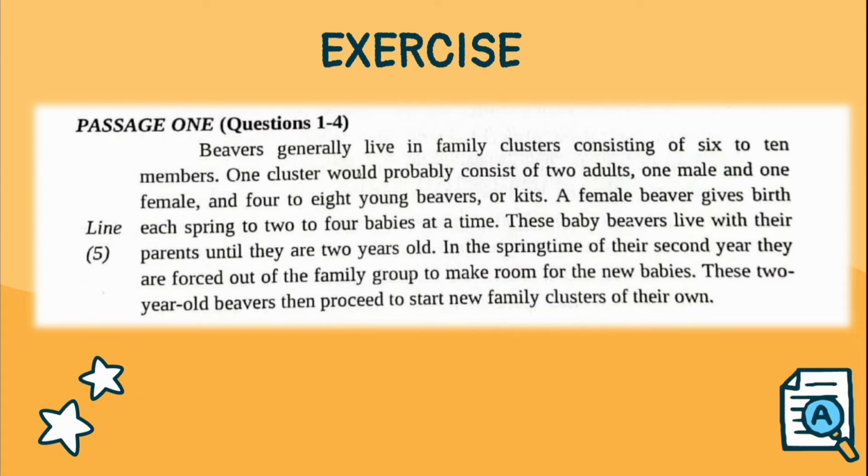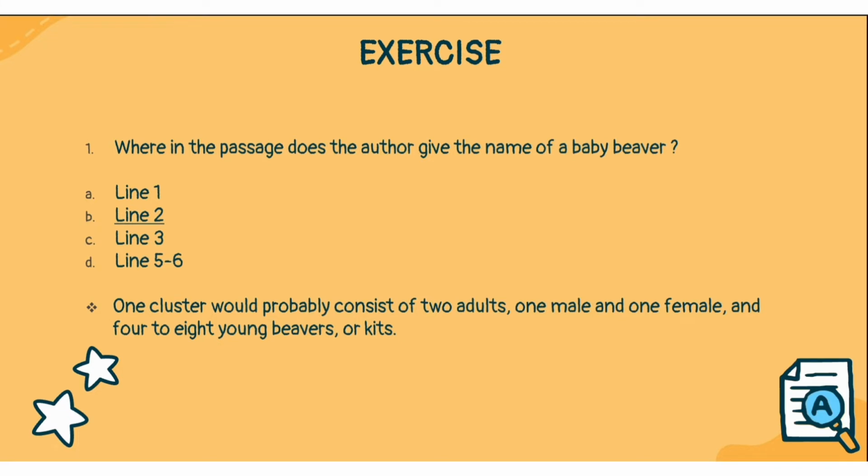These baby beavers live with their parents until they are 2 years old. In the springtime of their second year, they are forced out of the family group to make room for the new babies. These 2-year-old beavers then proceed to start a new family cluster of their own.